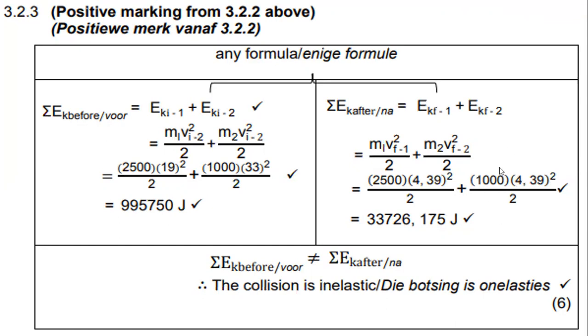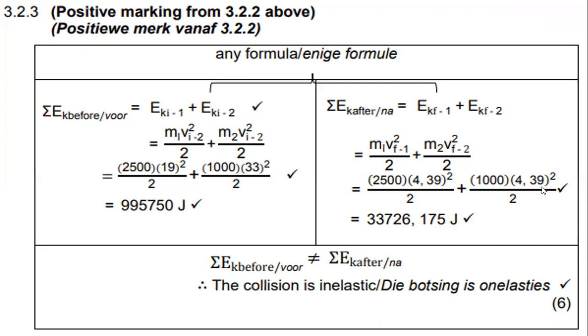The mass of the car was 1,000. The velocity of the car after the collision, it's still 4.14 meters per second because we corrected that from the previous question.